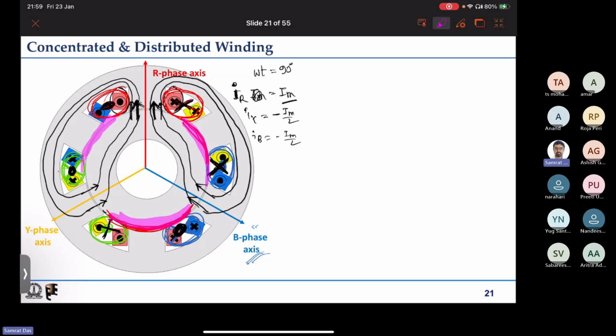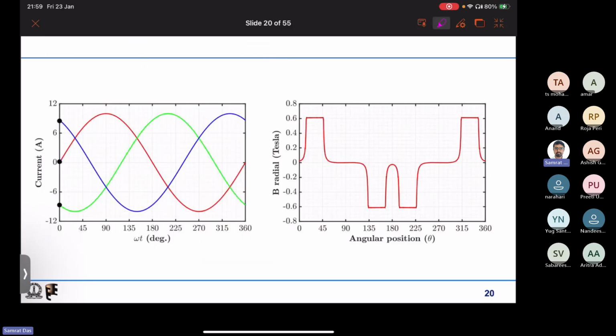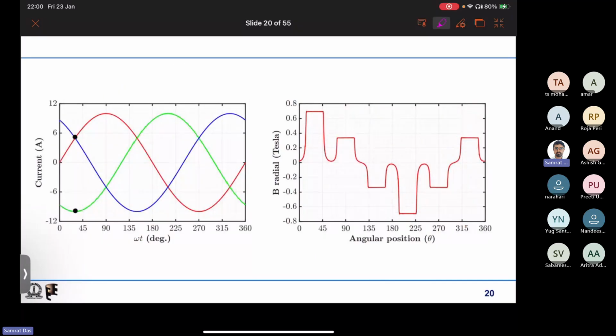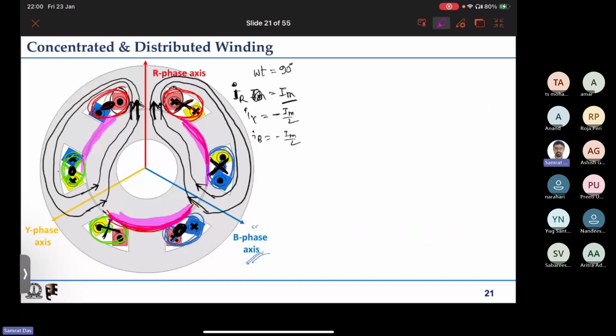We would have more concentration in the flux density distribution, and it will be further away from a sinusoid. Even with concentrated winding, if I go back to the case, it is quite far from being a sinusoid. But if I use this type of distribution, it will also rotate.